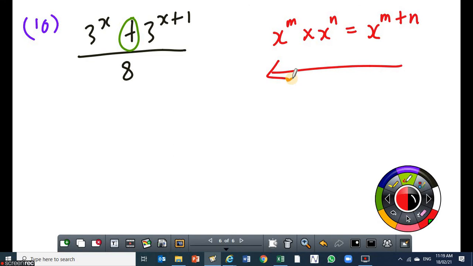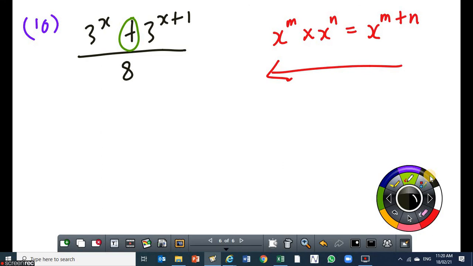And don't forget that multiplication can be replaced by a dot. Remember that. So I can split this 3 to the power of x plus 1 using this law here. So this will be like the right-hand side, so I can split it up and get something like that.